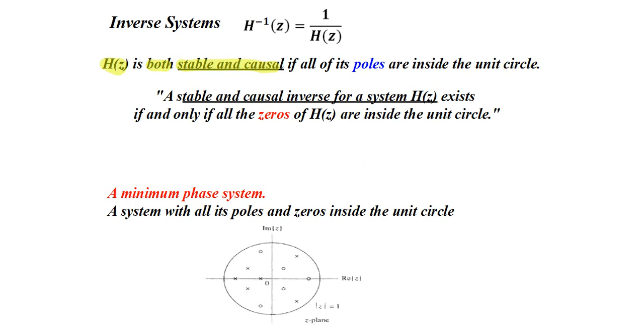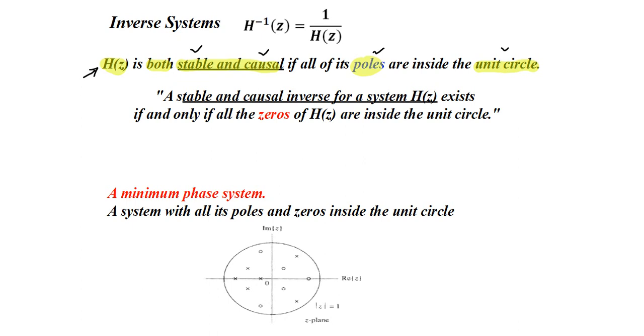So it's very important: in the z domain, a system is called both causal and stable, not individually, but both, if all its poles are inside the unit circle.